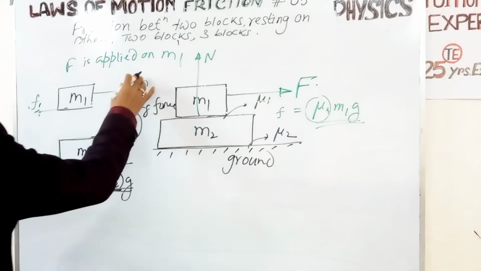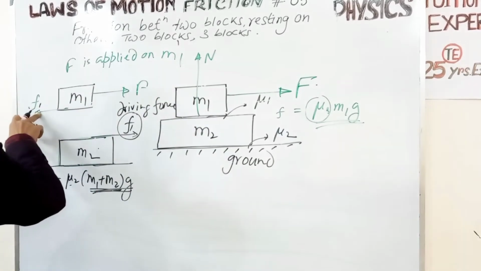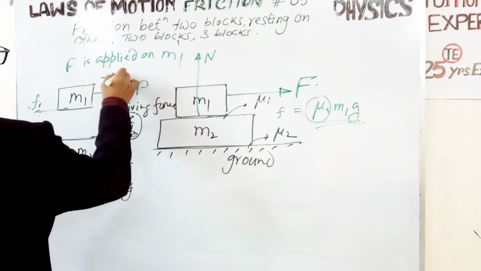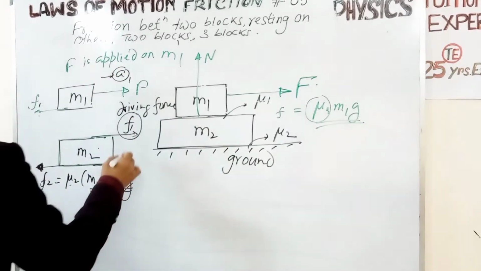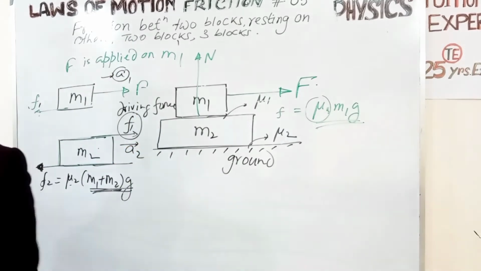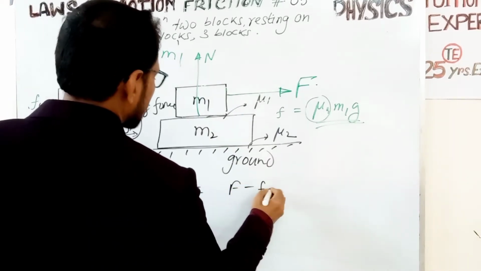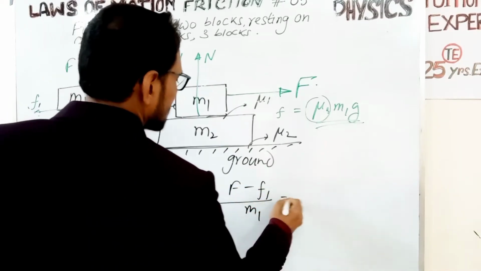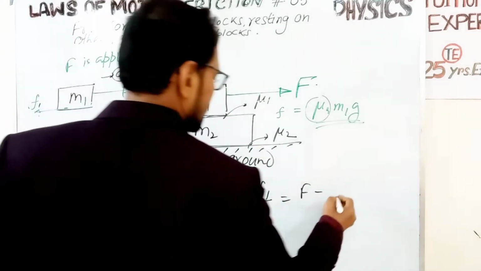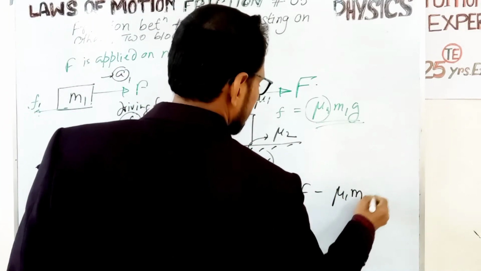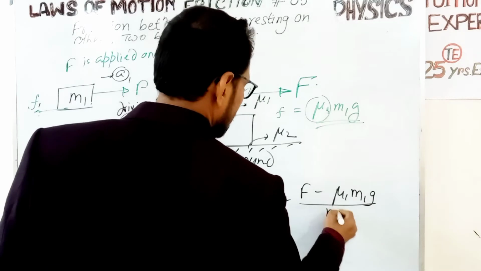Now if F is sufficiently greater to overcome F1, this block moves with an acceleration a1 and that block moves with acceleration a2. So what is a1? a1 equals (F minus F1) by m1, which is (F minus mu1 m1g) divided by m1.